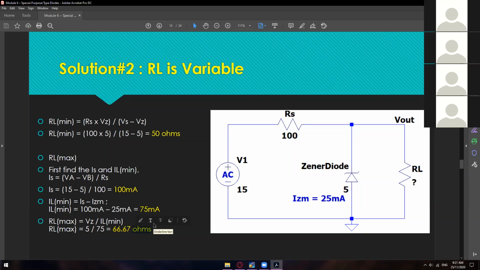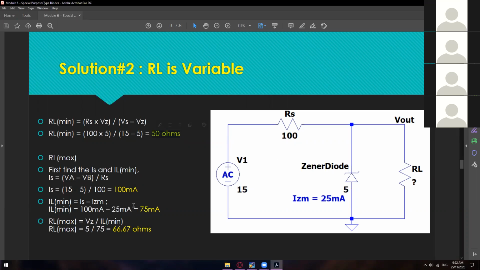All right. So our maximum load resistance that is allowed on the Zener diode is 100 milliamps. No, 50 ohms rather. Sorry, 50 ohms. Did I say RL max or RL minimum? Anyway, the RL minimum that is allowed on the Zener diode is 50 ohms.